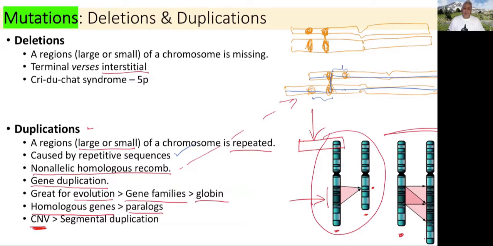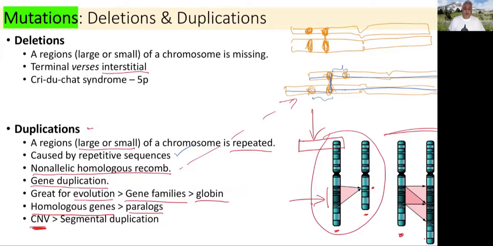Now the copy number can vary from 0, which is the gene is missing on that particular chromosome. That could be detrimental, but it depends on the nature of the gene, or the normal condition, which is 1 copy of the gene per chromosome. And then beyond that, you can have 2 copies, 3, 4, 5, 6, 7.